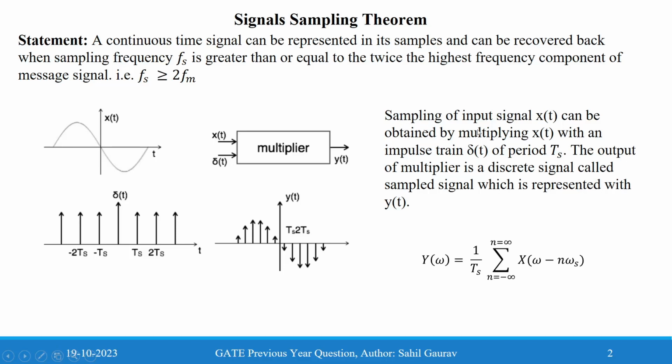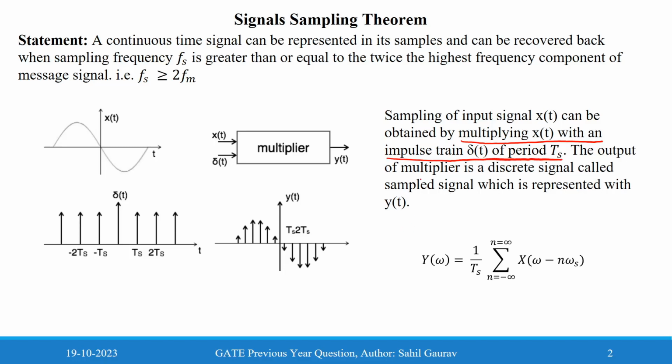Here the sampling of the input signal x(t) can be obtained by multiplying x(t) with an impulse train δ(t) of period Ts. This is very important for understanding how we get the output of the sampler.